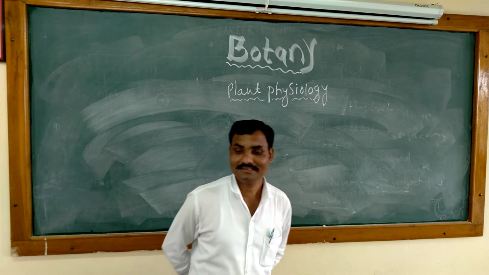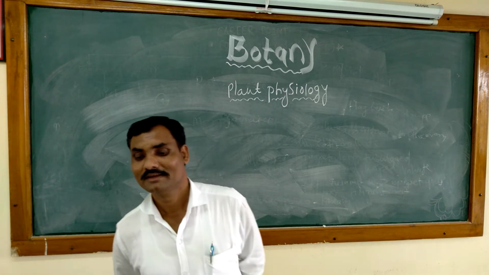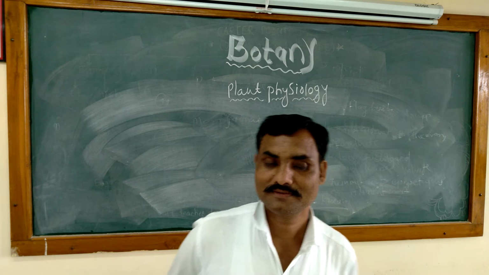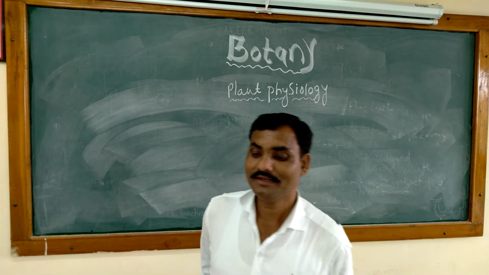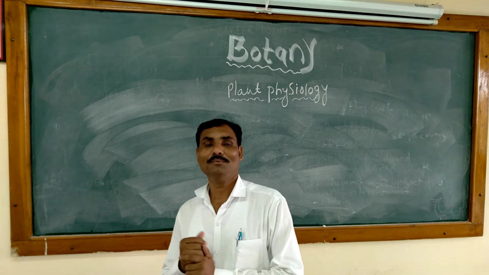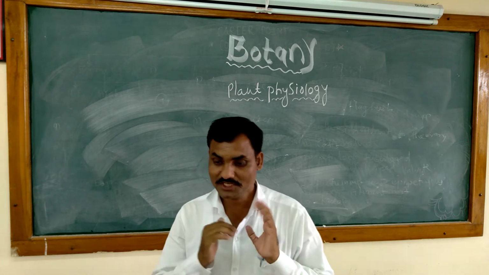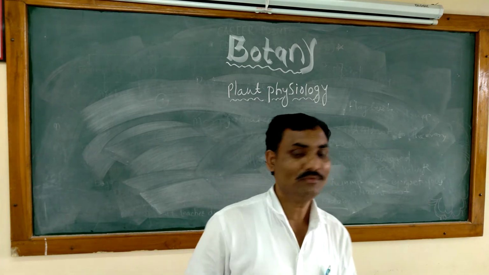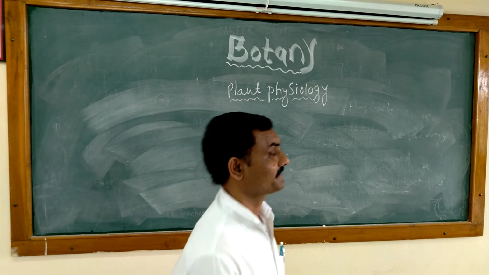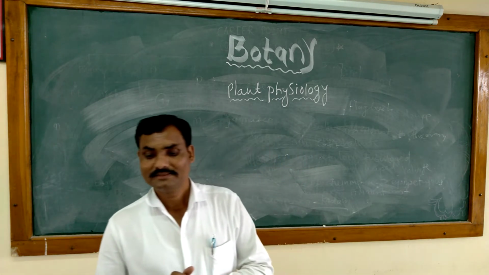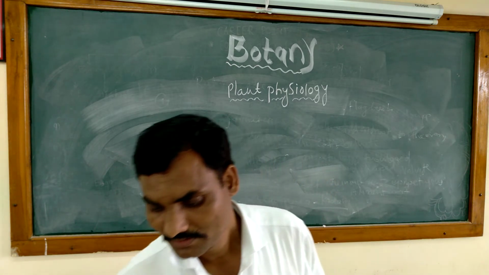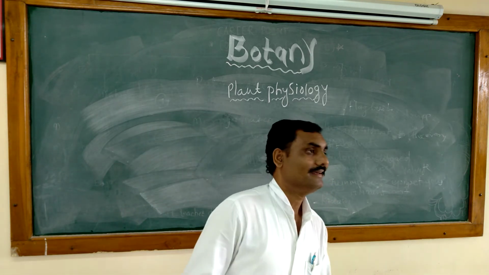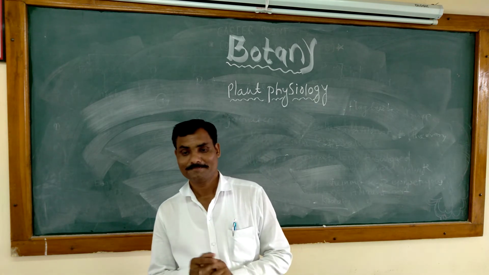Therefore, plant physiological studies play a very vital role, from imbibition of seed during germination to the development of a full-fledged plant. Therefore, the study of plant physiology plays a very vital role in the plant sciences.